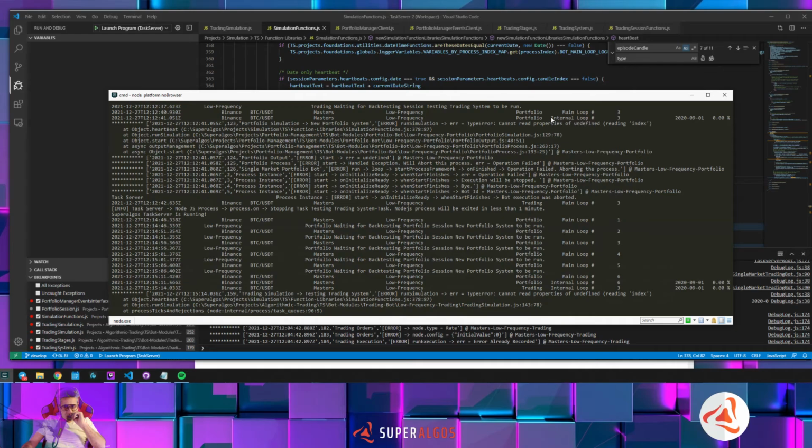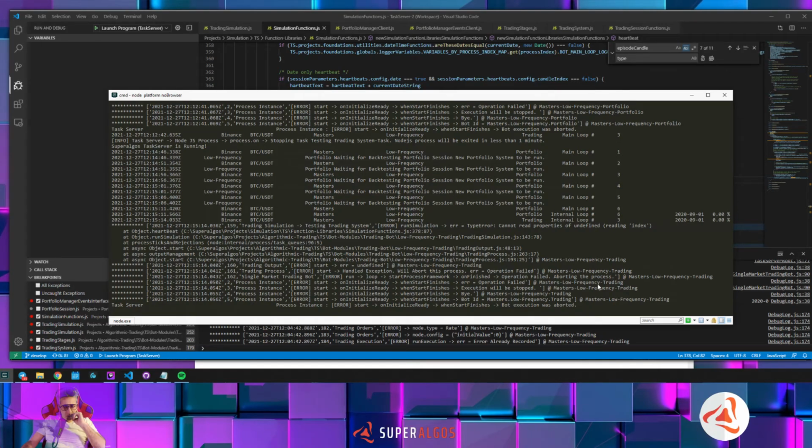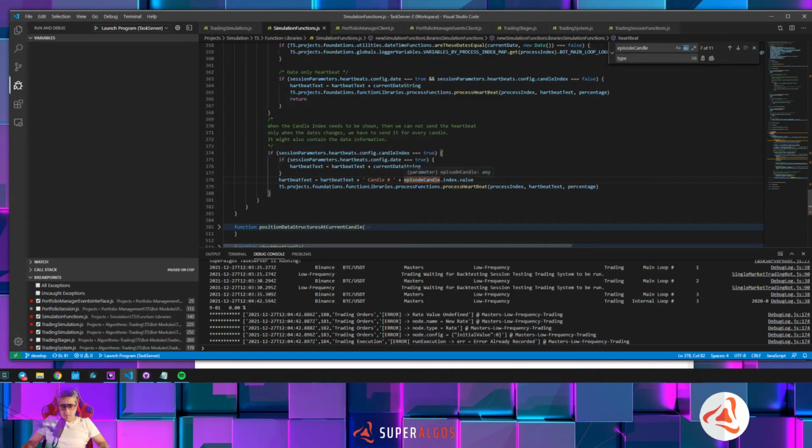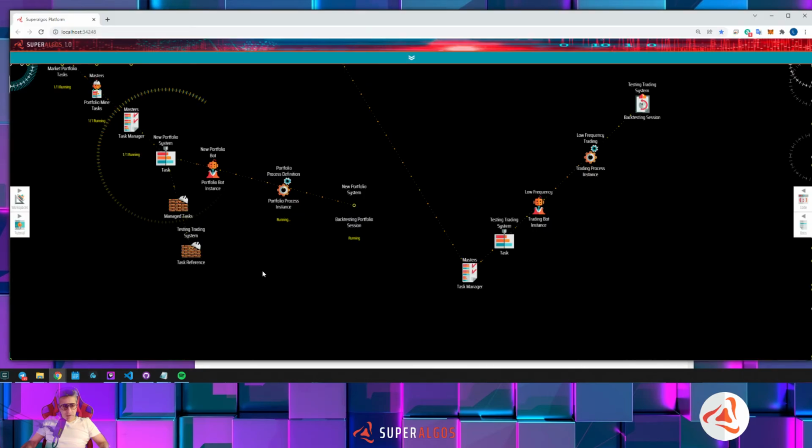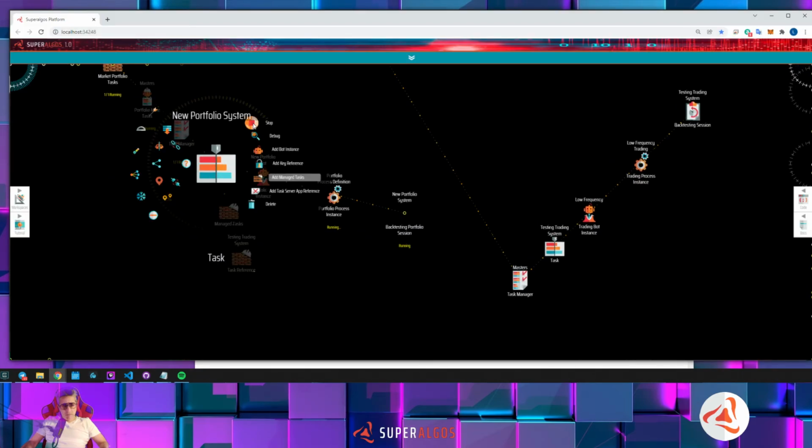Reading index, simulation function 378. What is wrong with you? 378. I really don't understand, but maybe we'll run it again.